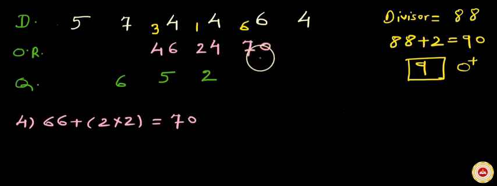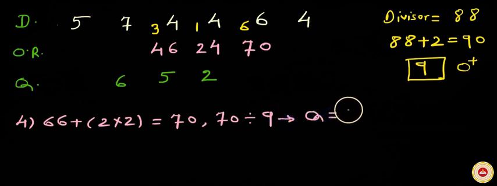The 70 is the third osculation number and should be written in the row of osculation results, below 66. Now divide this 70 by osculator 9, which gives quotient 7, since 9 sevens are 63, and the remainder is 70 minus 63, which is 7.